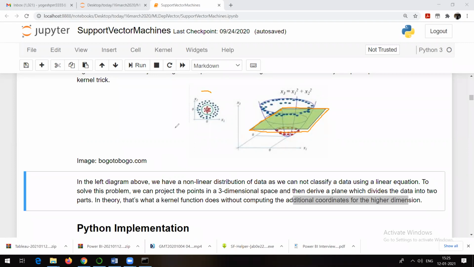So see, here in this case, it's not possible to divide your data. We have a non-linear distribution of data, as we cannot classify data using a linear equation. So to solve this problem, we can project the points in three-dimensional space. So we cannot say convert, we can say project, right? Projection. It's like if this is your one-dimensional data, I can project this into two dimensions just by introducing a y-axis. So maybe I can apply y is equal to x square.